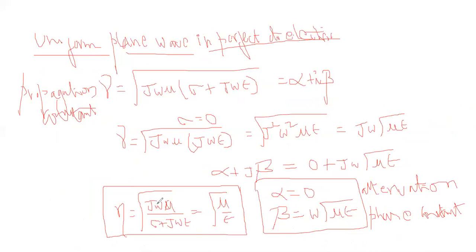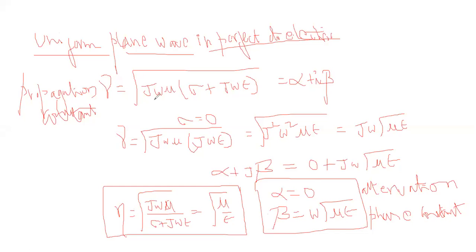And the intrinsic impedance, with sigma equal to 0, j omega gets cancelled, leaving the square root of mu by epsilon. The phase constant depends on the angular frequency omega, and the intrinsic impedance does not depend on the frequency. It is a constant value, around 120 pi or 377 ohms. Only beta depends on the frequency.